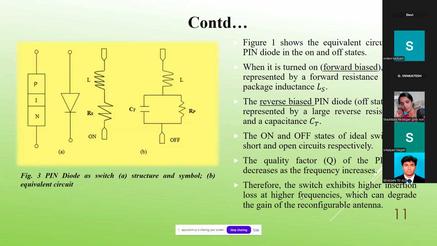In reverse bias, some capacitance will definitely be developed across the resistor. So the inductor in series with R and C in shunt, that is the off condition. Another point is mentioned over here. The quality factor of the PIN diode decreases as the frequency increases. Therefore, the switch exhibits higher insertion loss at higher frequencies, which can negate the gain of the reconfigurable antenna. So we have to take care and apply certain techniques so that the gain is enhanced.